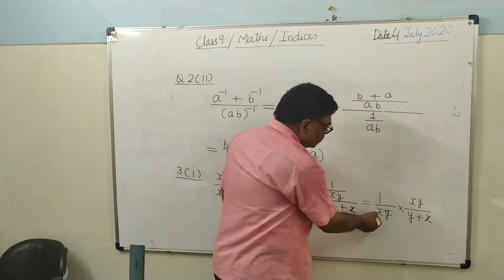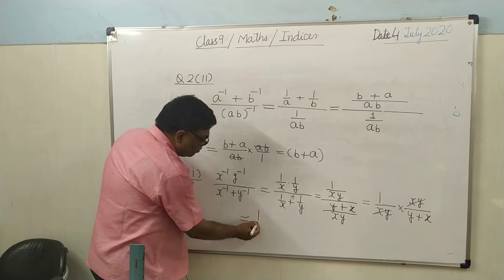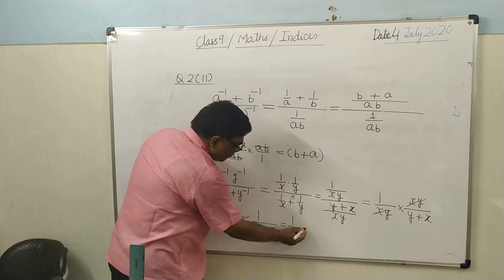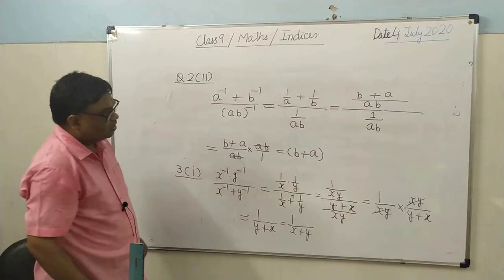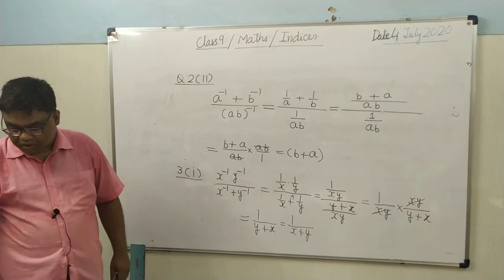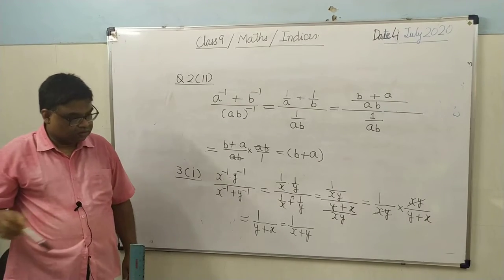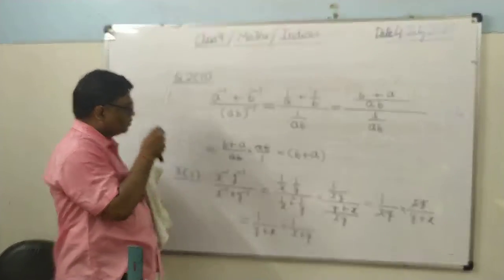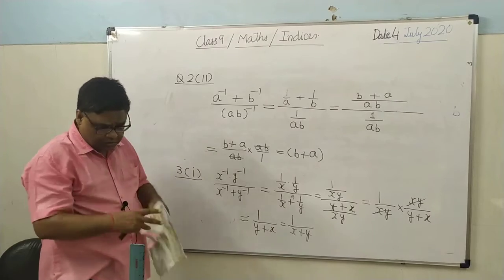So xy and xy will be cancelled. What will you get? 1 divided by y plus x, or 1 upon x plus y. Is it clear? Those who want to note down, they can note it. Now see here.